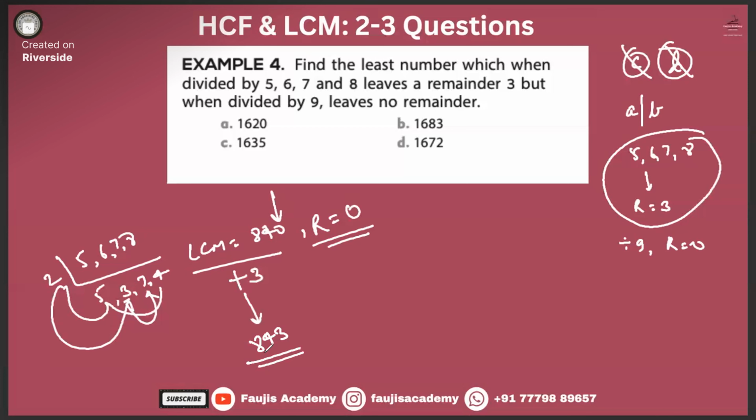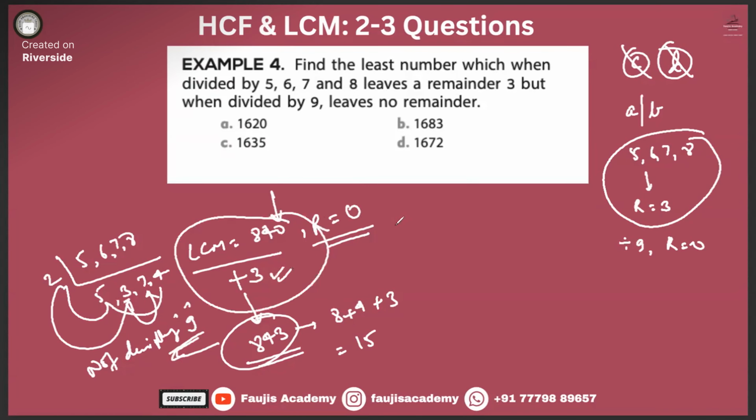But over here, 843. Now when divided by 9, it should leave no remainder. But if you add 8 plus 4 plus 3, this number is not divisible by 9. And essentially, to leave a remainder of 3 means that if we take any multiple, let's say 840x plus 3, this expression, when divided by 5, 6, 7, and 8, will also leave a remainder of 3.